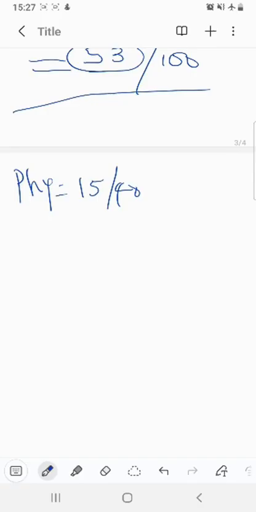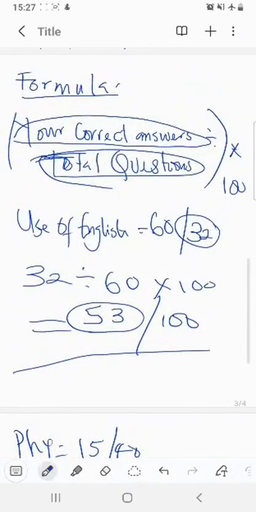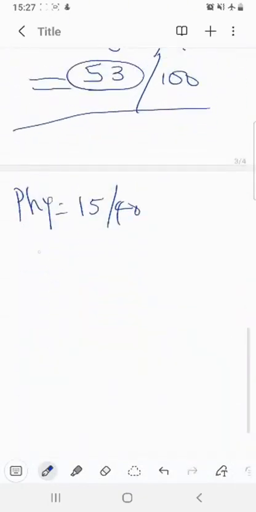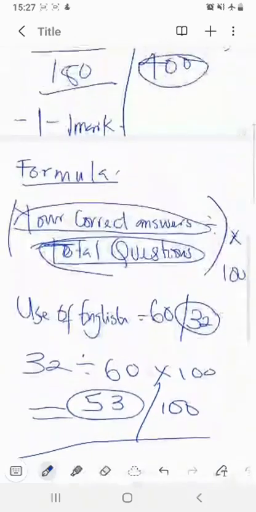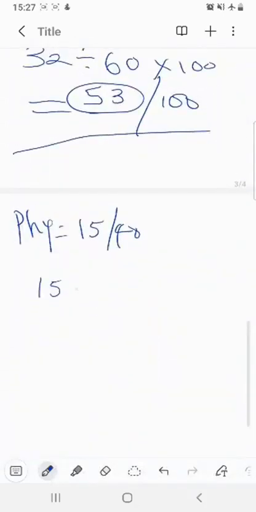The formula is what? Your correct answer, which is 15, divided by the total questions, which is 40, multiplied by 100.